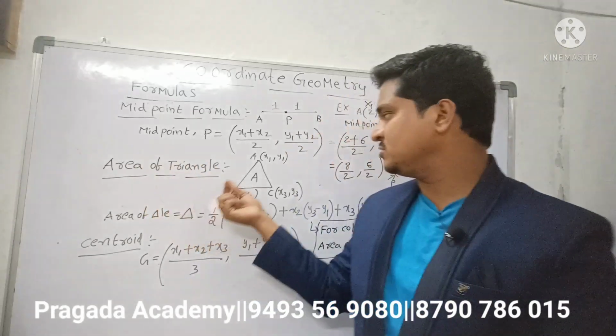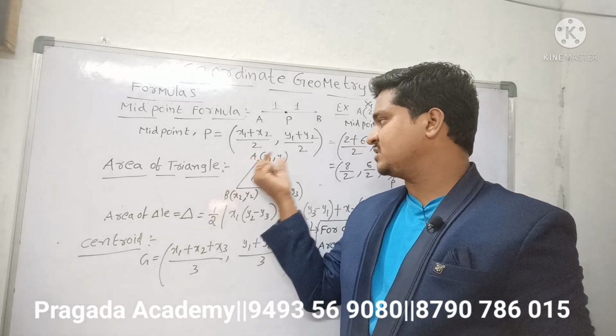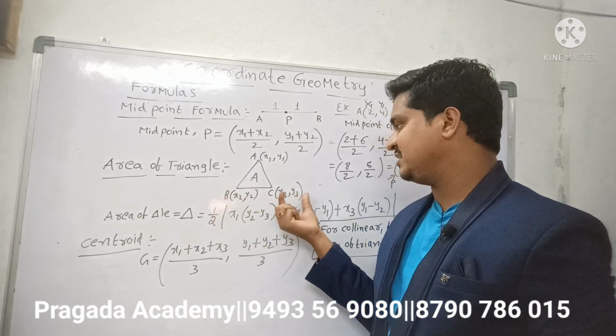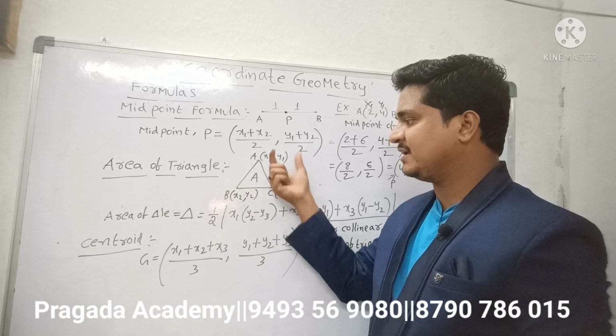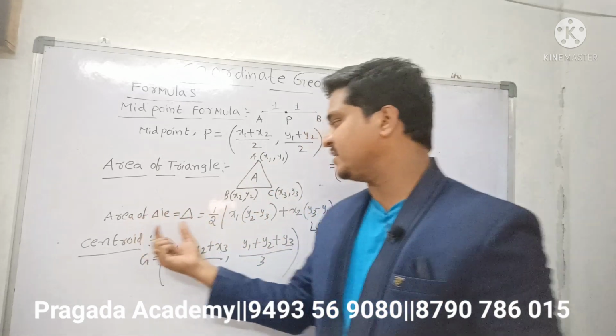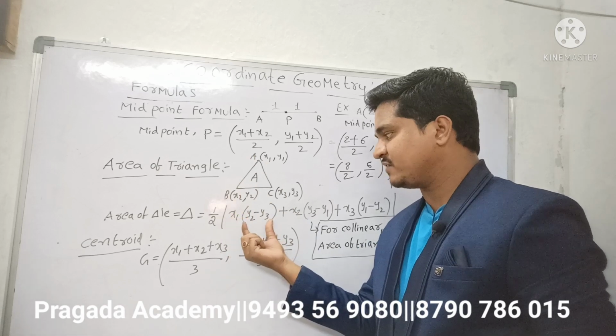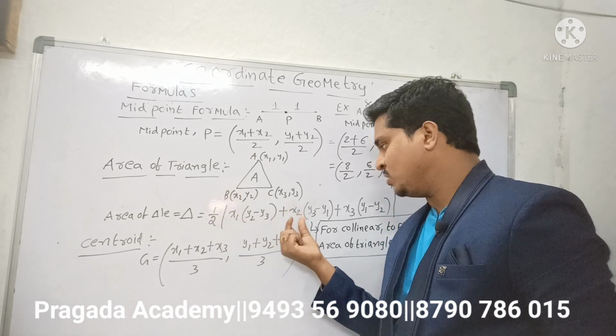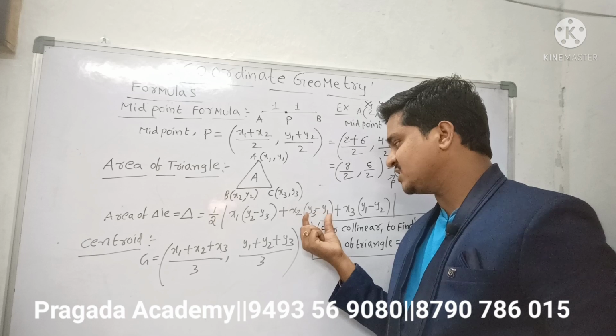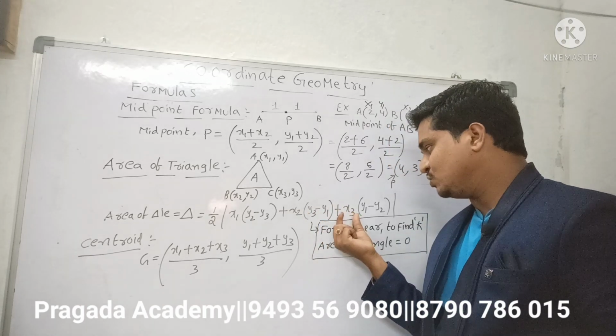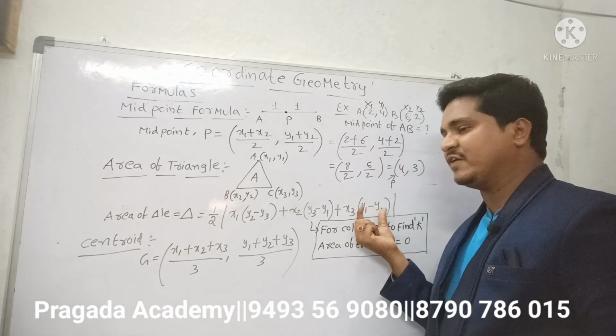Area of triangle. Suppose I took the triangle A (x1, y1), B (x2, y2), C (x3, y3). To find the area of the triangle, we need to apply the formula: area of triangle equals 1 by 2 into x1 into (y2 minus y3), next x2 into (y3 minus y1), plus x3 into (y1 minus y2).